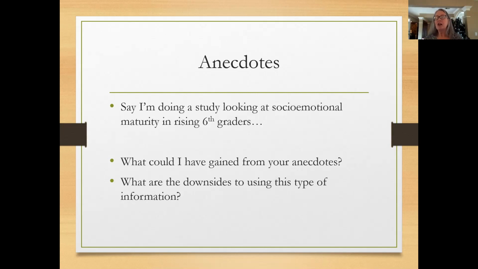If I talk to you about that situation by using anecdotes, I'm probably going to gain some information about what it was like for you. But is that going to be true among a whole bunch of different people? I went to middle school in the 1970s, or it might have even been the late 1960s, in the Boston area.